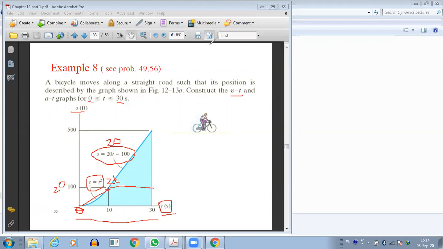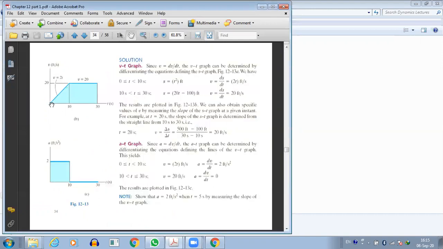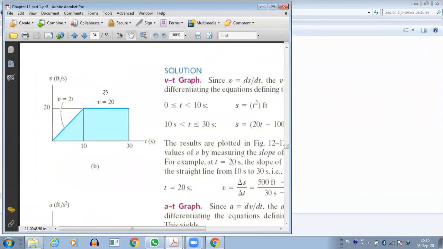Let me show this graph to you guys. So you see here, this is the graph VT. So let me just put it here. Okay. See here? From the initial equation, it will be V equals 2t. For the next equation, it will be V equals 20. So 2t means when t equals 0, velocity is 0.